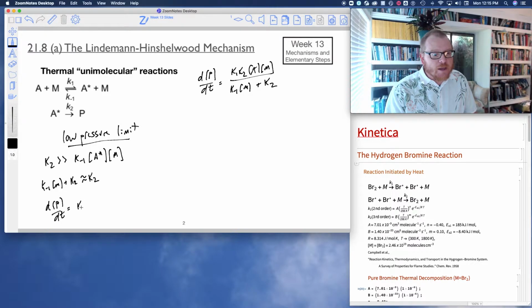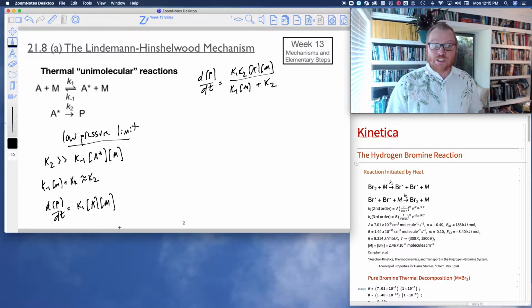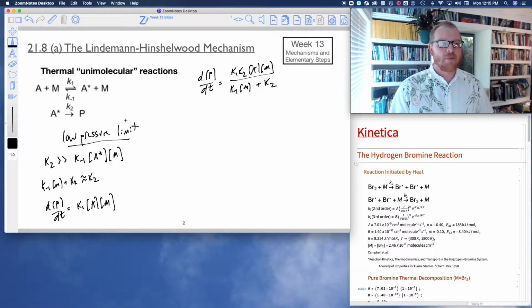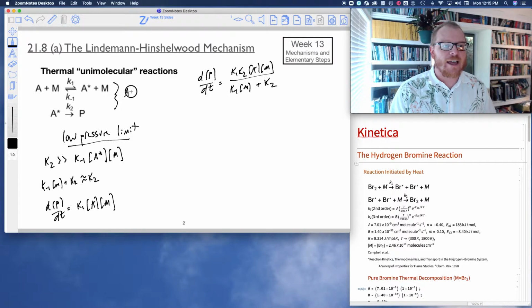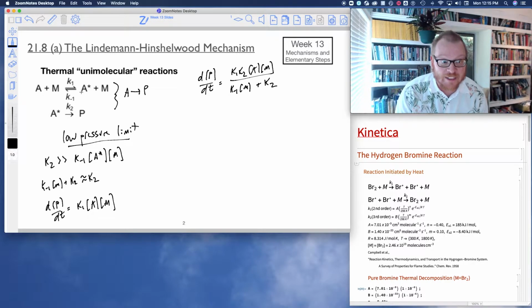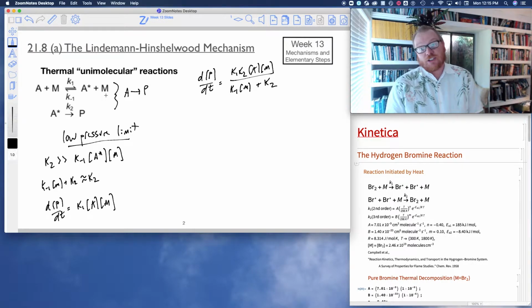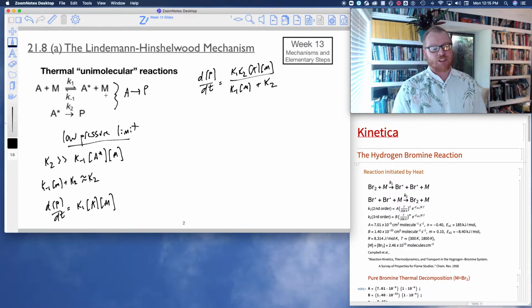And so this just becomes K1 times A times M. So it looks like a second order reaction, which is fundamentally interesting, because if we were to overall balance this reaction, this just looks like A goes to products. The excited states cancel. That second body cancels on either side. So overall, this reaction just looks like a thermal first order decomposition.